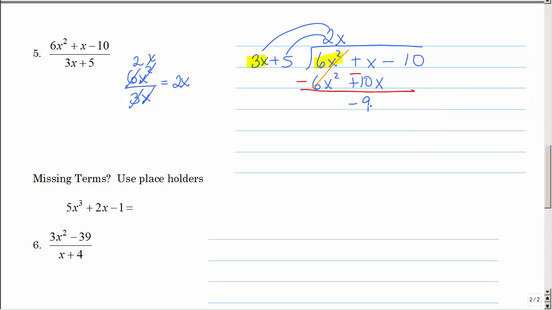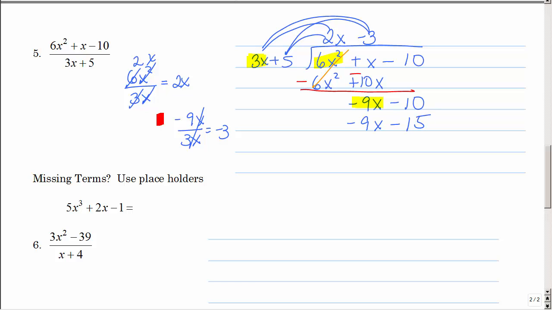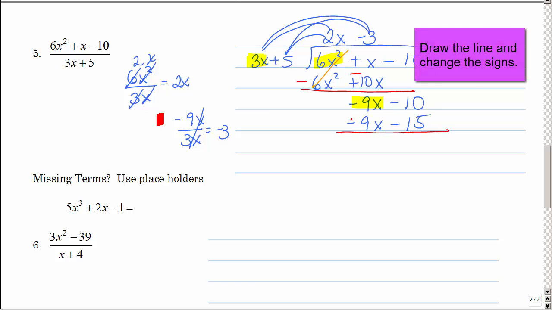Now I have minus 9x. Bring down the next term and repeat the process. So again, we're looking at the first two terms. We're dividing negative 9x by positive 3x. And we get negative 3. So that goes up here. And we multiply. We have negative 9x and negative 15. Again, draw that line, change those signs.